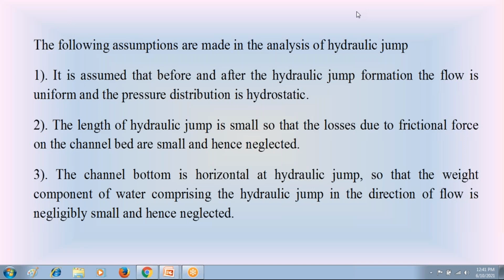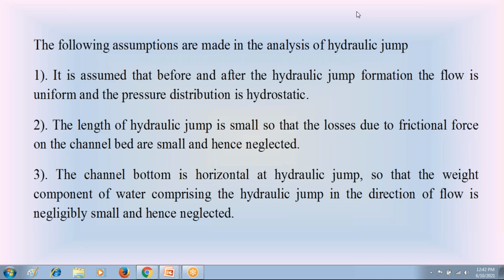You cannot apply Bernoulli's equation in hydraulic jump. You can apply Bernoulli's equation either at the beginning of the hydraulic jump or at the end of the hydraulic jump. But in between, in the middle of the hydraulic jump, you cannot apply Bernoulli's equation, the Darcy-Weisbach equation, the Hazen-Poiseuille equation, and all the basic equations of fluid mechanics are not applicable.